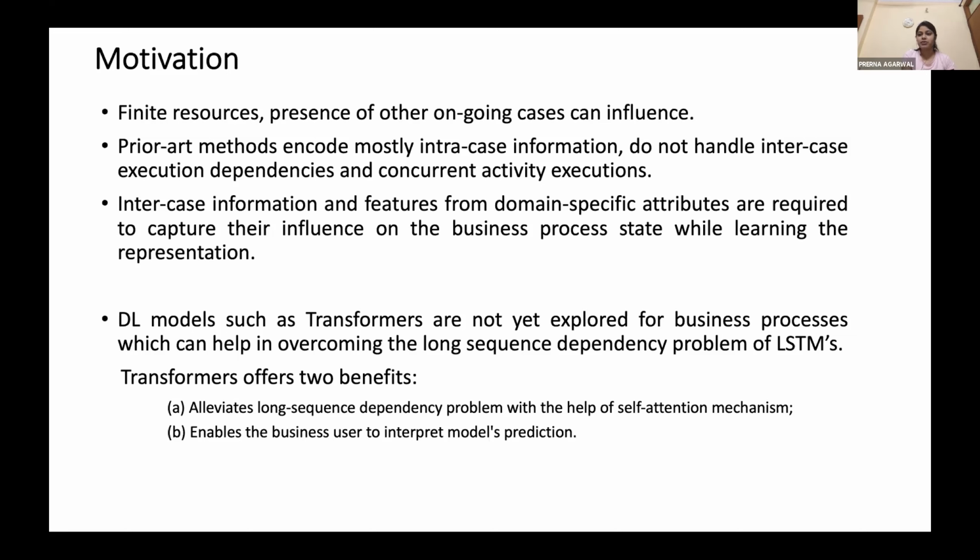There exist other deep learning models, such as transformers, which are not yet explored for business processes. The motivation for using transformers is, first, that it helps us overcome the long sequence dependency problem of LSTMs. Second, it enables us to interpret what the model has learned using self-attention.